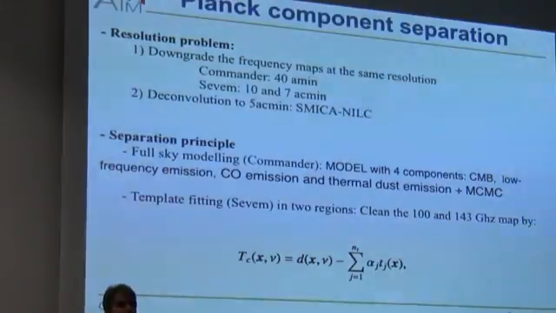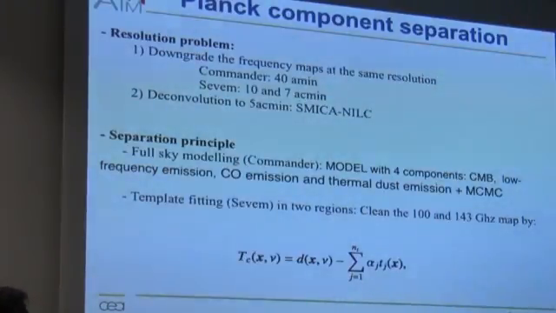You have only an imperfect knowledge of the dust and synchrotron emission and everything. So it's not so easy to have the right model. And the second point is, because these techniques are very intensive in terms of computation time, they are not done at the full resolution. So in practice, you have a model at low resolution, and you interpolate the parameters of the model to the full resolution. That's the way this Bayesian technique is working for Planck.